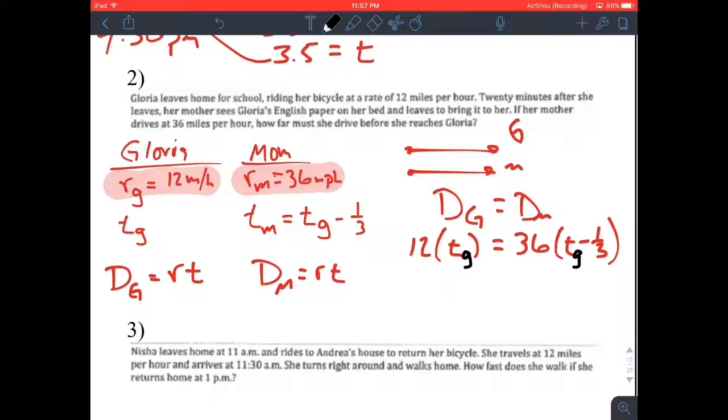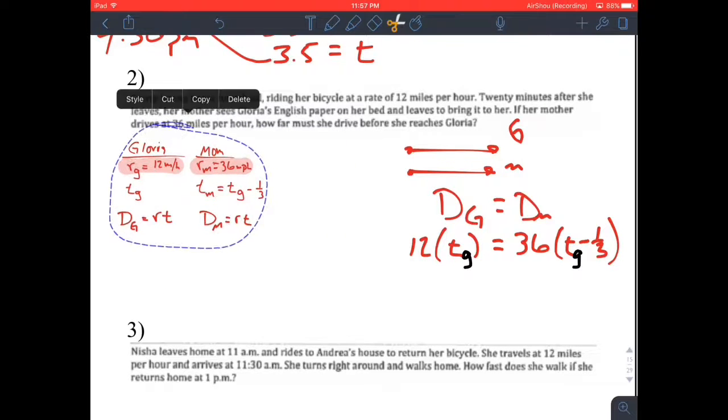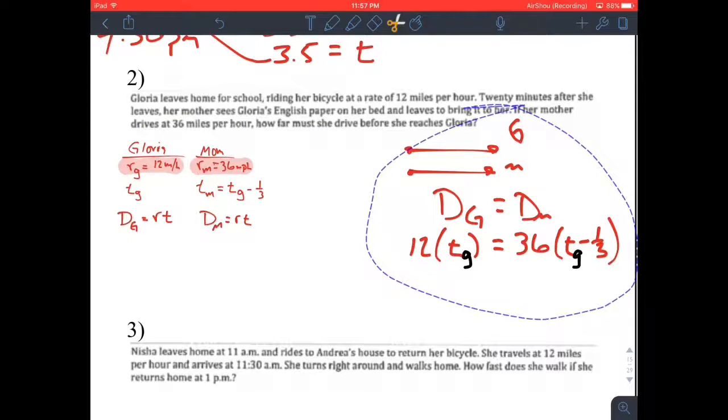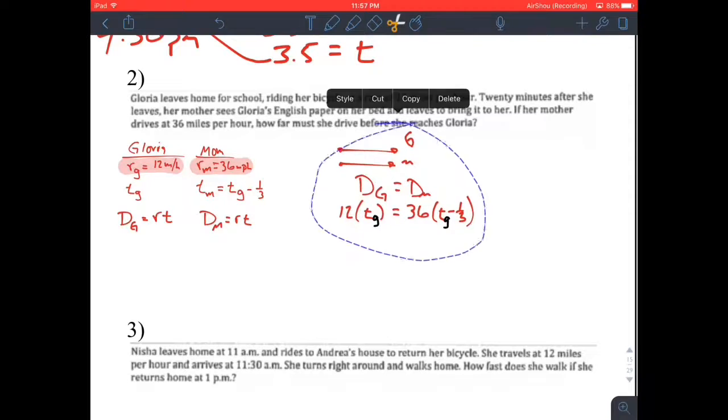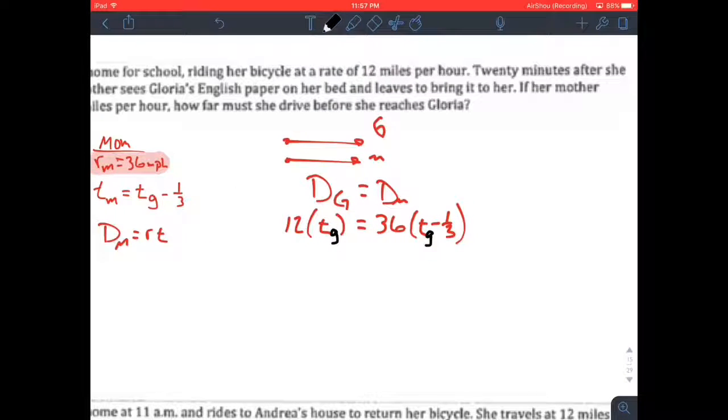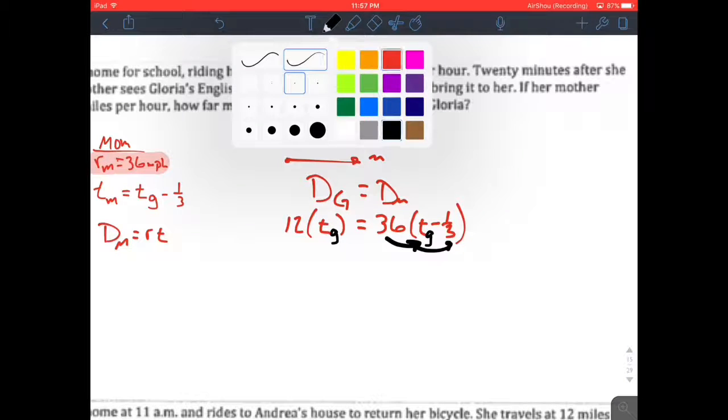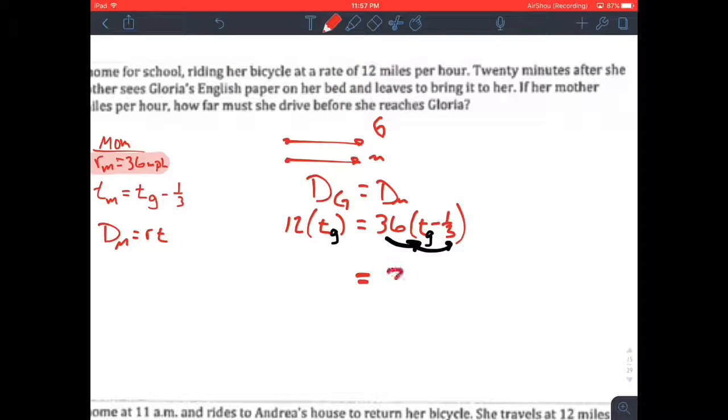So, using the distributive property, I'm going to make this smaller here so I got more space. Using the distributive property, if we multiply 36 here, we're going to end up with 36 t sub g minus 1/3 of 36 is 12.